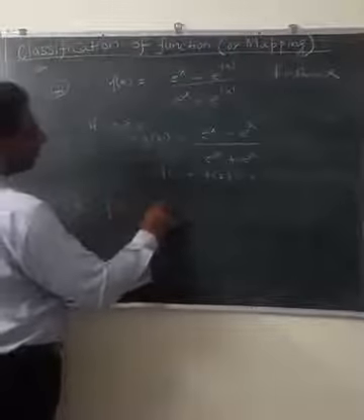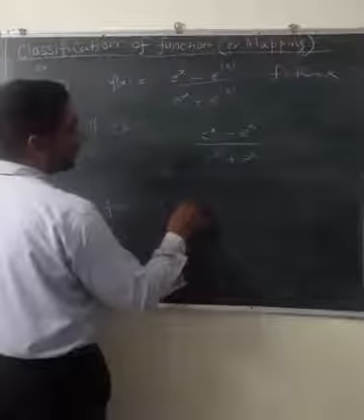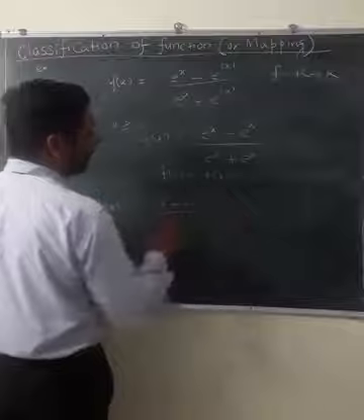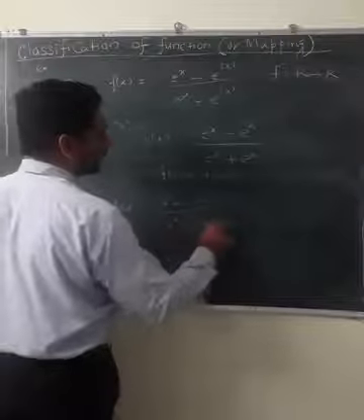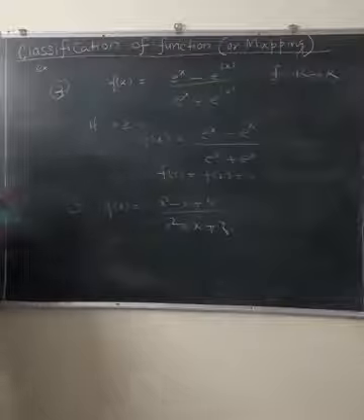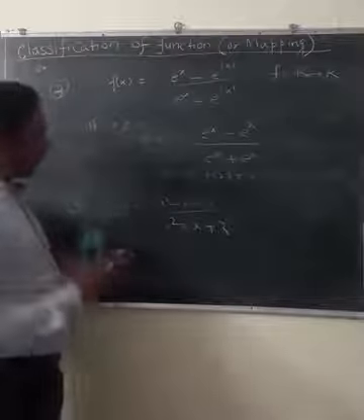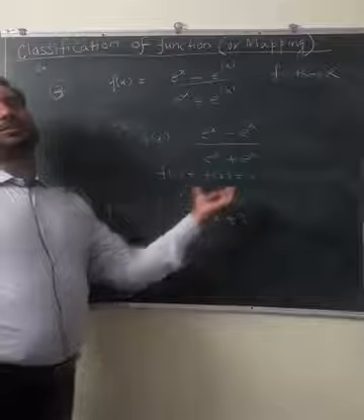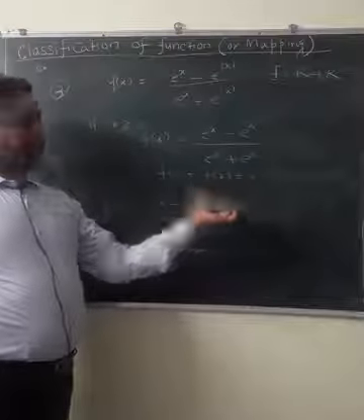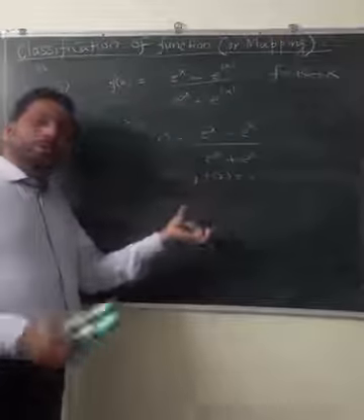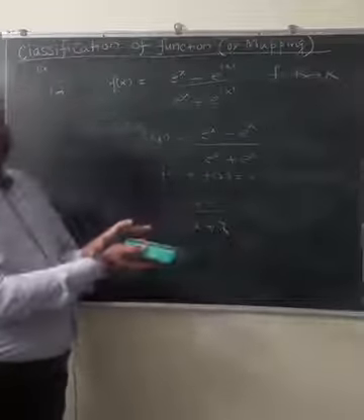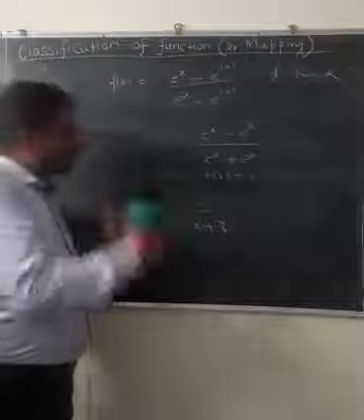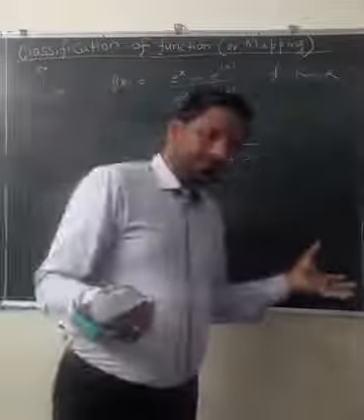Fourth example, x squared minus x plus 4 by x squared plus x plus 3. It's looking difficult. Sometimes I can equate the function to some value. If this equation gives more than one solution, that means the function is many one.